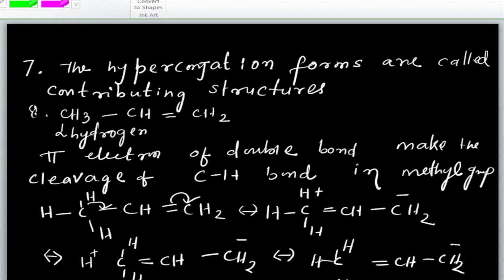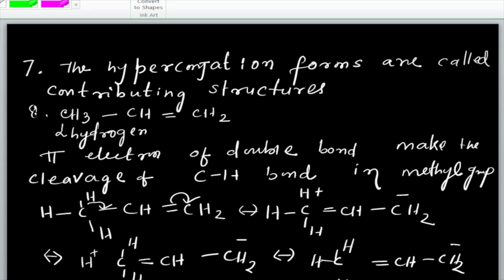Before, see here three types of structures. One is the original, and the second is the three structures produced, called contributing structures, because only due to movement of electrons, localization of electrons from the hydrogen to the adjacent carbon-hydrogen bond, that is what is called contributing structure. And now see CH3, CH2.